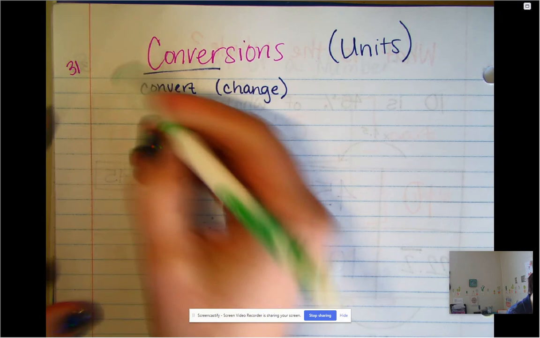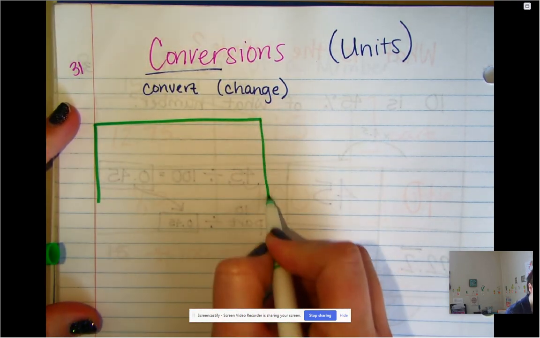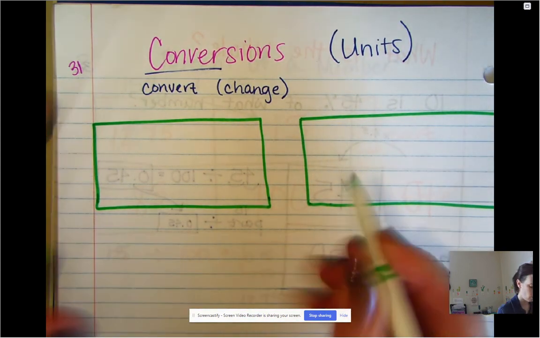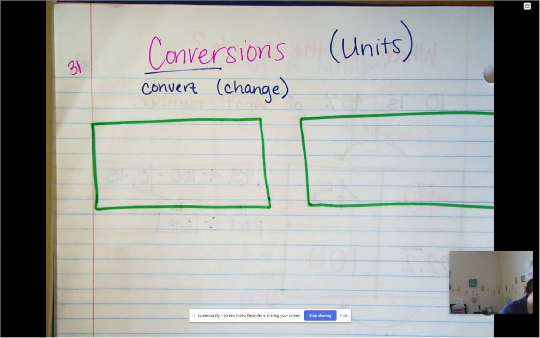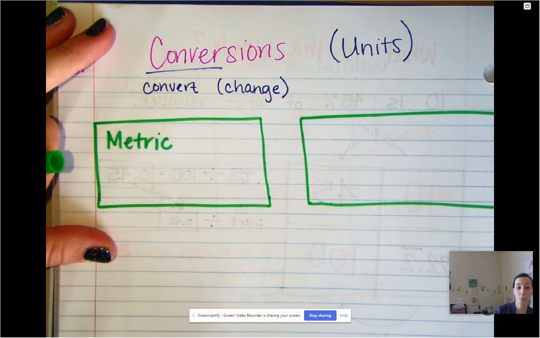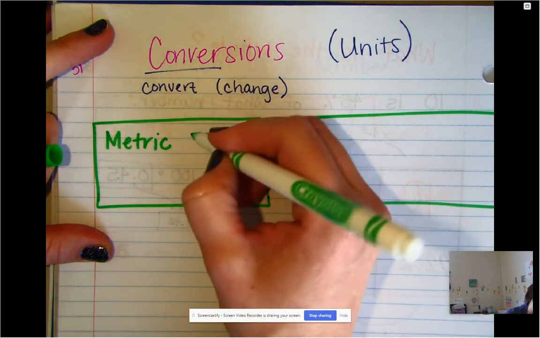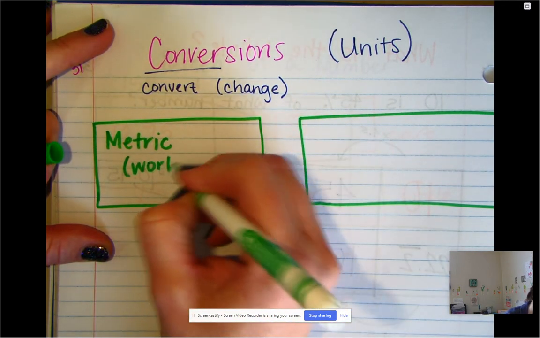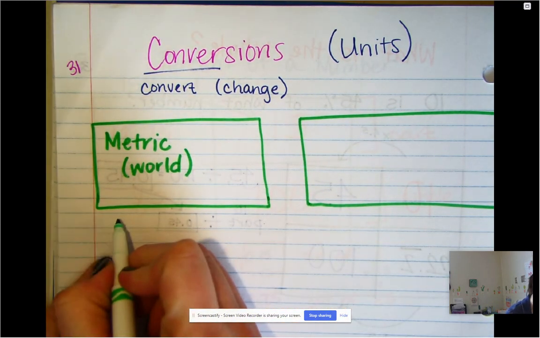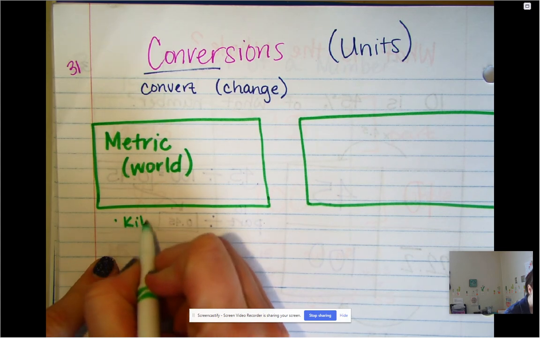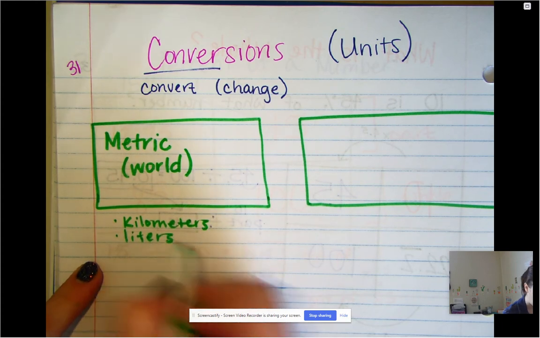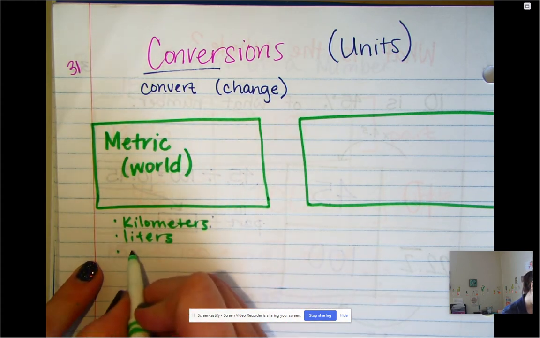There are two systems of measurement, which you are probably familiar with or have at least heard of. One system of measurement is the metric system. This is the system that's used pretty much everywhere else in the world besides here. And examples of things in the metric system would be kilometers, liters, what else?